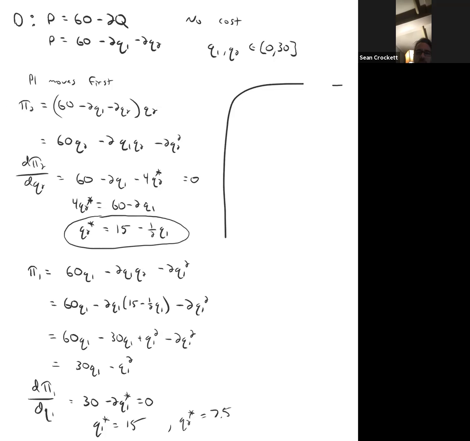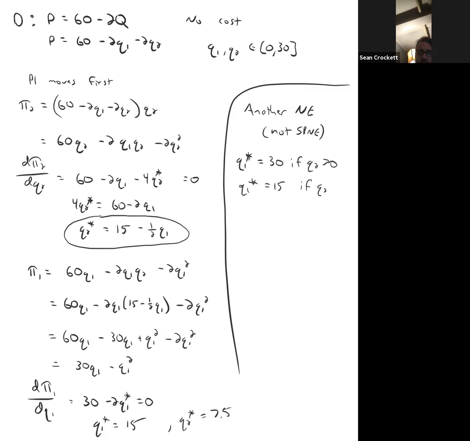So another Nash equilibrium, not SPNE, is Q1 star equals 30 if Q2 is greater than 0, Q1 star equals 15 if Q2 equals 0, and Q2 star equals 0. So that's a Nash equilibrium that's not subgame perfect.